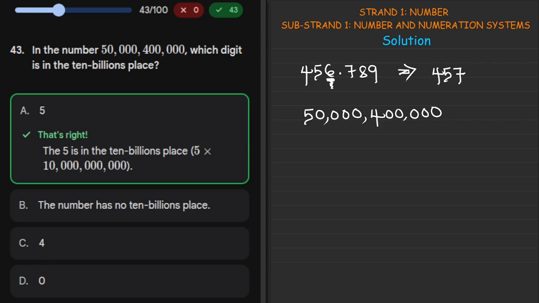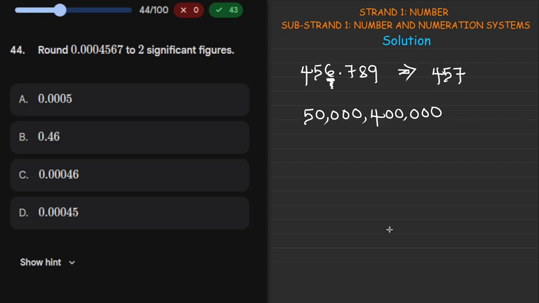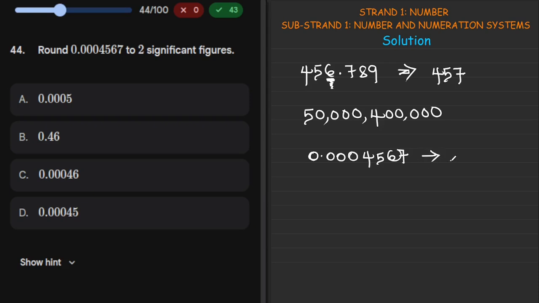Easy. Okay. Question number 44. It says we have to round this number to two significant figures. We have 0.00045, then 6, 7. If you want to round this to two significant figures, all these leading zeros are not significant.